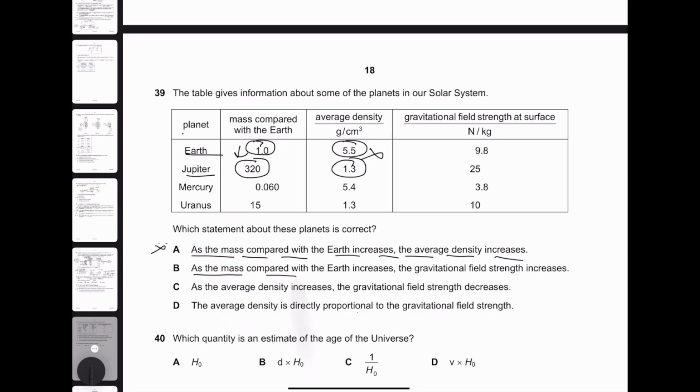As the mass compared with the Earth increases, the gravitational field strength increases. Let's see. From Earth to Jupiter, the gravitational field strength is increasing, right? From Earth to Uranus, the gravitational field strength is again increasing. So yes, this statement is right.